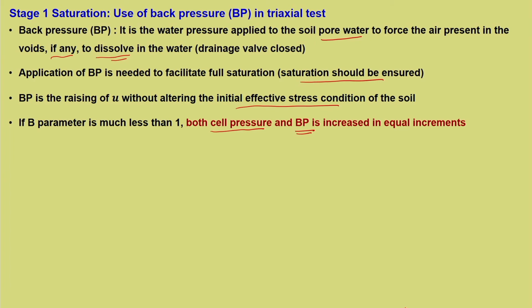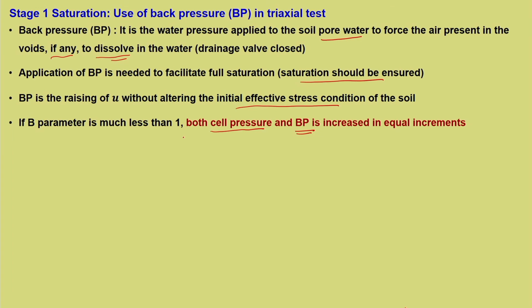Now, if cell pressure is not raised simultaneously, there will be a kind of blowing out effect, and that will destabilize the soil sample. Always keep in mind that back pressure application should not be substantial. It also has to be done in small incremental stages.